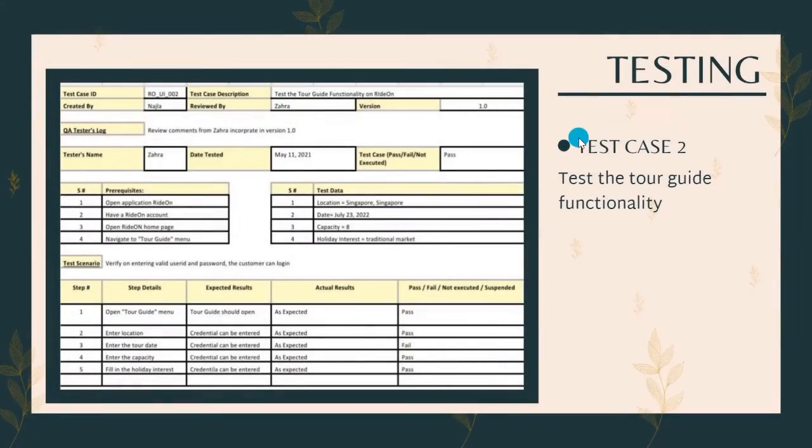Okay, now we continue to the second test case, which is to test the tour guide functionality. For the prerequisites, first of all we have to open the RideOn application. Also, we have to have a RideOn account, open the RideOn homepage, and navigate to the tour guide menu. We also have 4 test data here, which are content location, dates, capacity, and holiday interest.